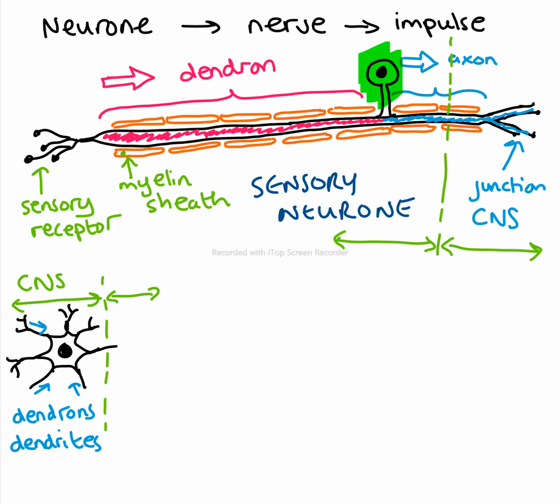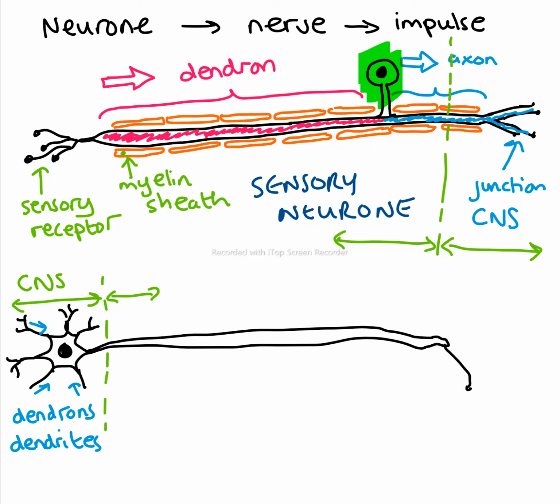Now the signal's traveling down here, and when it gets here it branches out, and these are the axon terminations. That just means that's where they end.